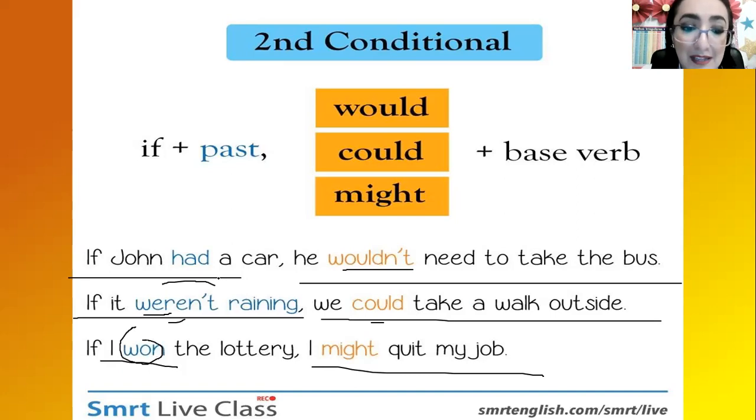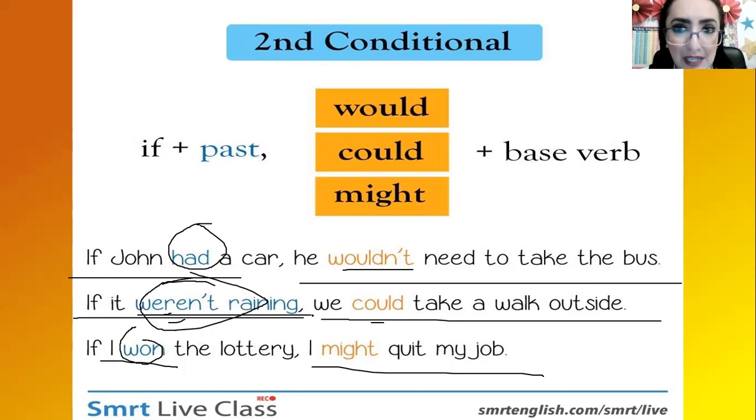Remember, past, past, past. Can I use my past progressive? Yes, why not? If it were raining, why? Because my verb is in past. This is going to be part of my complement. And you can use it because it is in past. Any kind of past, no problem.